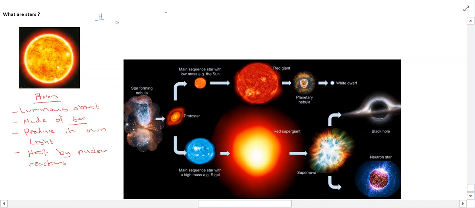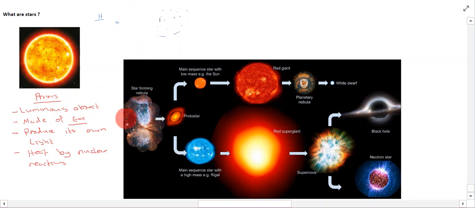Imagine these are all hydrogen, and they're all just in space. I'm only putting a couple of hydrogens here, but within the depths of space you have billions and billions of these hydrogen atoms just floating around as a gas.